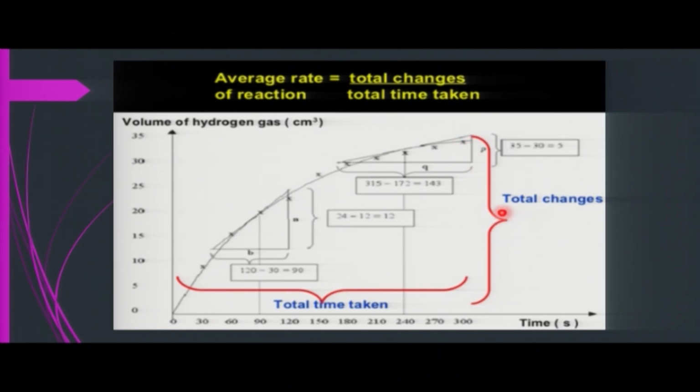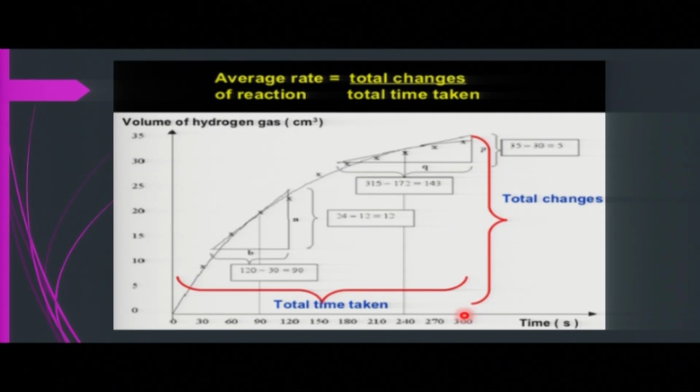All this, the total changes over total time, from here to here, or from this point and up to 0. This gives us the total changes. Then this gives us the total time under that experimentation. When you substitute them, then you get directly the average rate for that reaction.